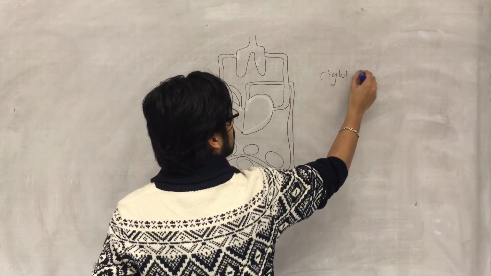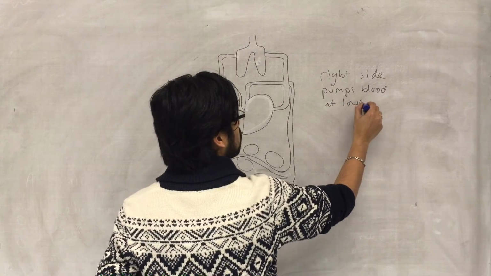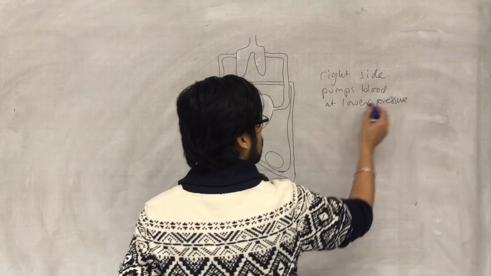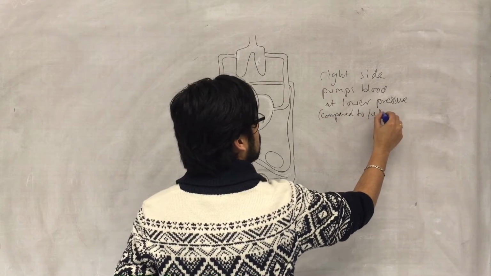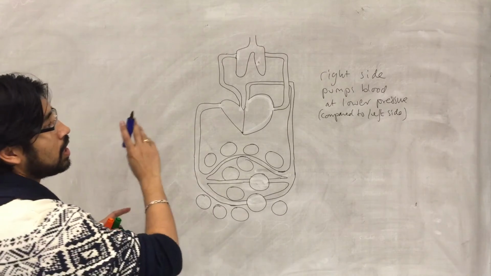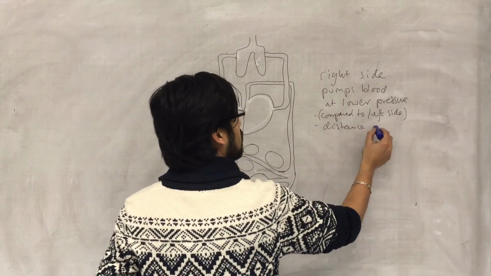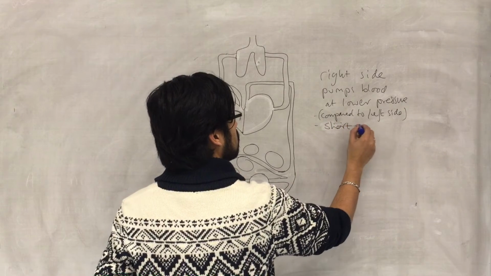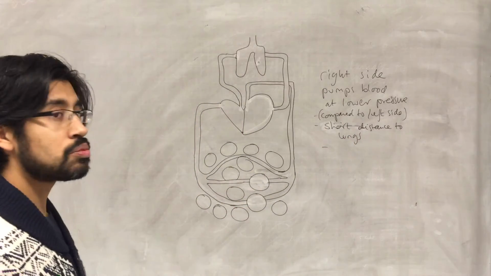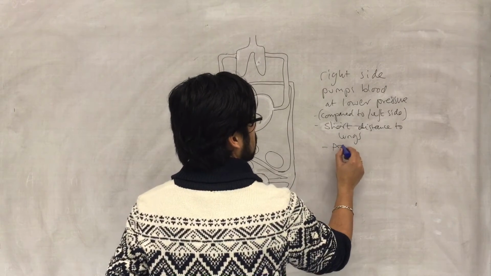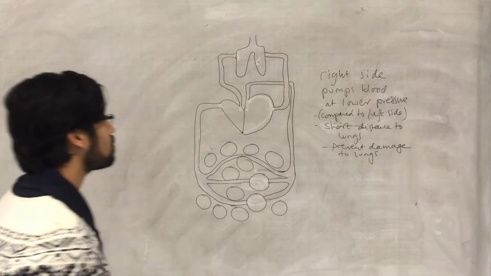So, right side pumps blood at relatively a lower pressure compared to the left side, because the distance is less, short distance to lungs, but also to prevent damage to the lungs, okay?